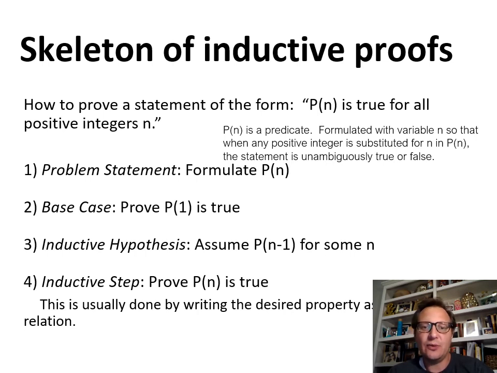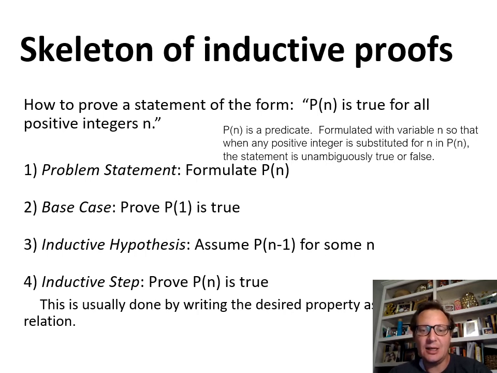So once you formulate P of n, in step 2, you have to show that the base case holds, meaning you have to prove that P of 1 is true. In step 3, you assume that the inductive hypothesis holds. So you assume that P of n minus 1 holds for some n.